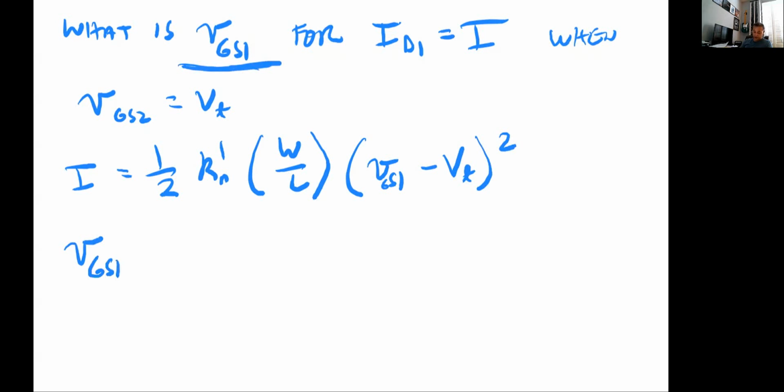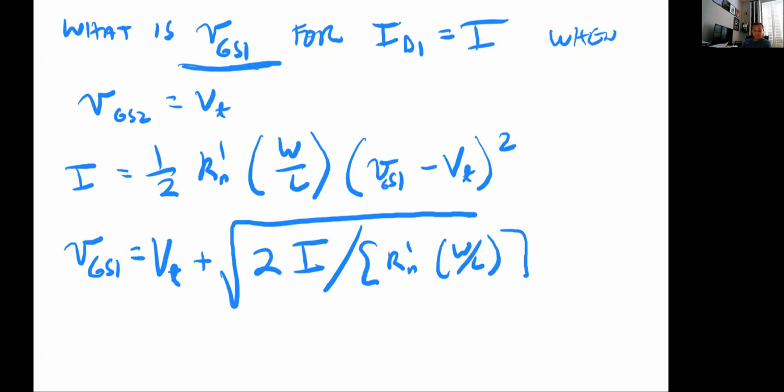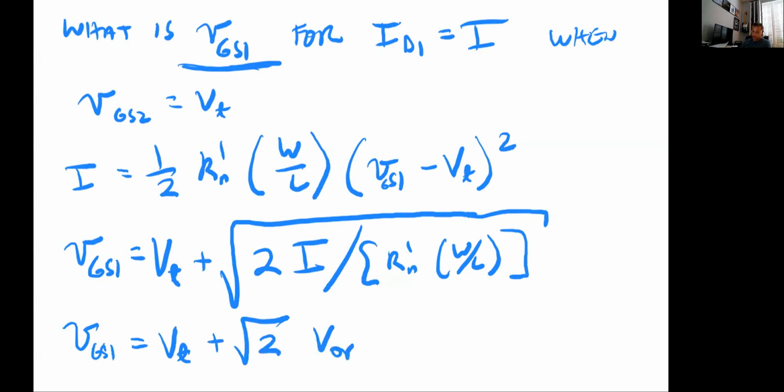If we solve for VGS1, we get that that voltage is VT plus 2 times the current divided by K prime times the geometry, which is, conveniently, the threshold plus some nice constant, the square root of 2 times the overdrive voltage.